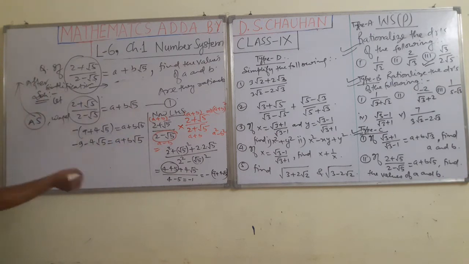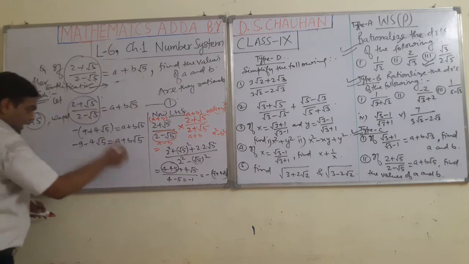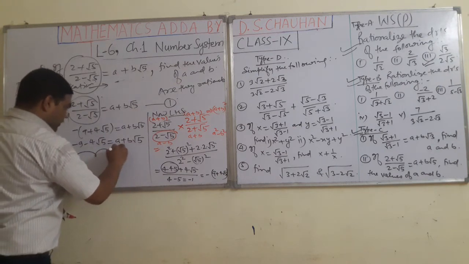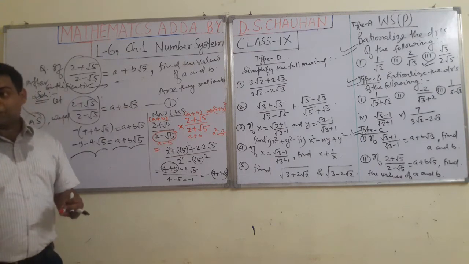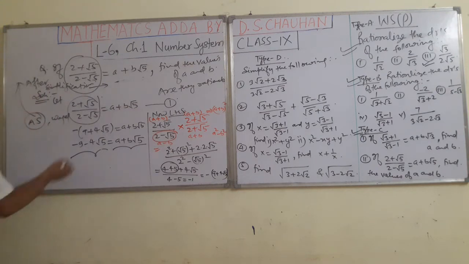What will we get here? On comparing, see, similar things are present on both sides. Actually this is equal to this. It is only possible when the value of a is minus 9 and the value of b is minus 4.